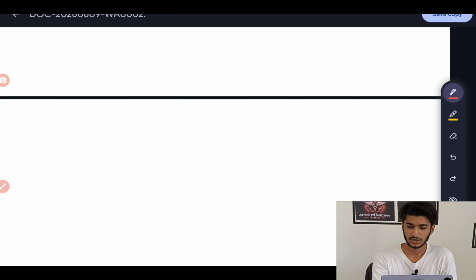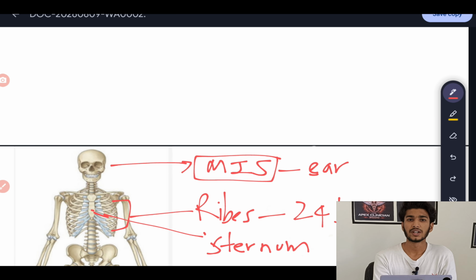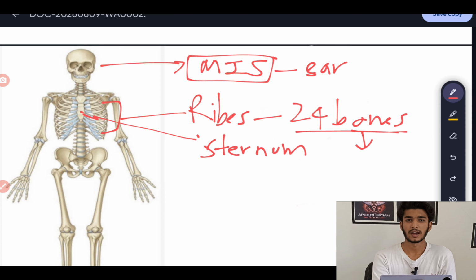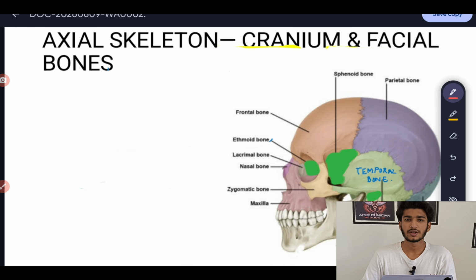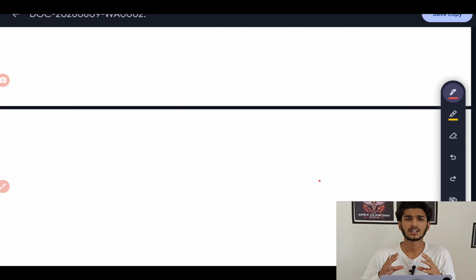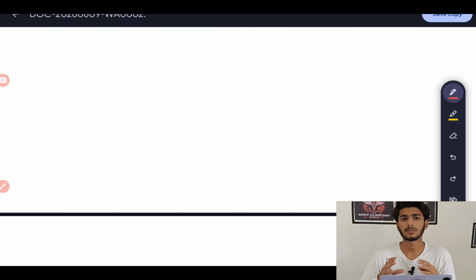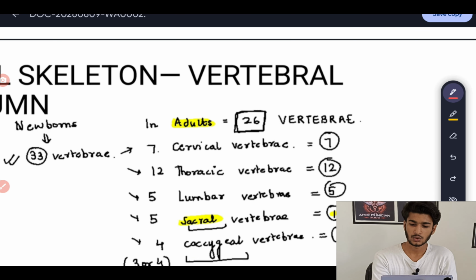Then we can appreciate the thoracic region. The thoracic region consists of 24 bones of ribs, one bone of sternum, and finally we can tell the vertebrae. In children, the vertebrae consist of 31 bones, but while growing up into adult age, these bones fuse together to form single bones and get reduced to 26.